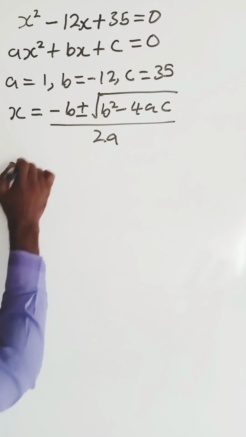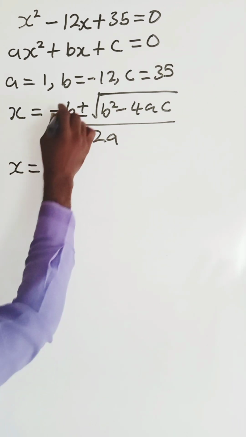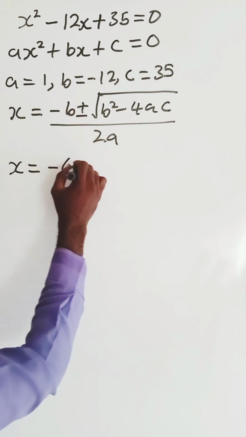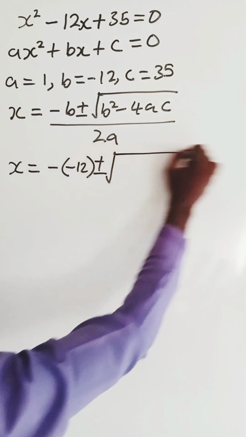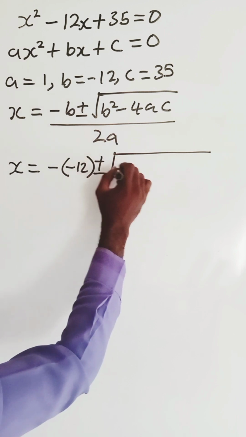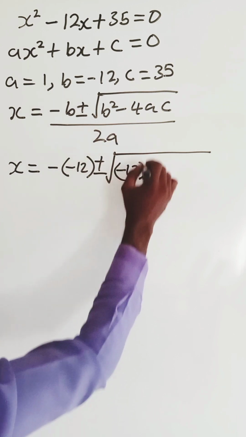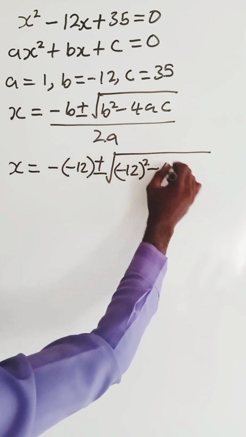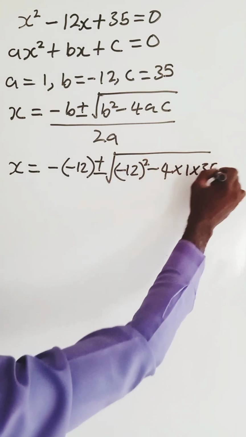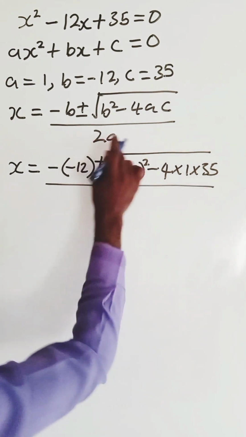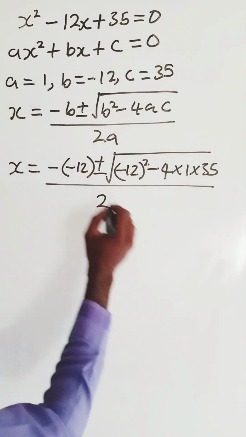Now x equals minus b, b is minus 12, so put a bracket, minus 12, plus or minus the square root of b squared, which is still minus 12, in brackets, squared, minus 4 times a times c, a is 1, c is 35, all over 2a, that is 2 times 1.